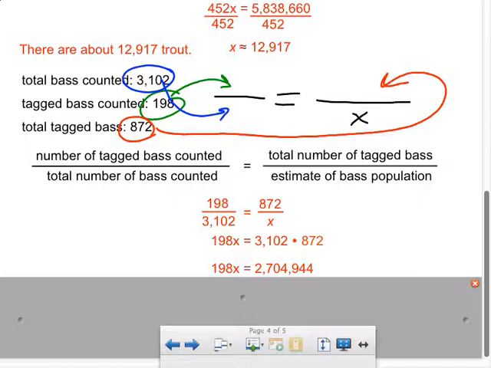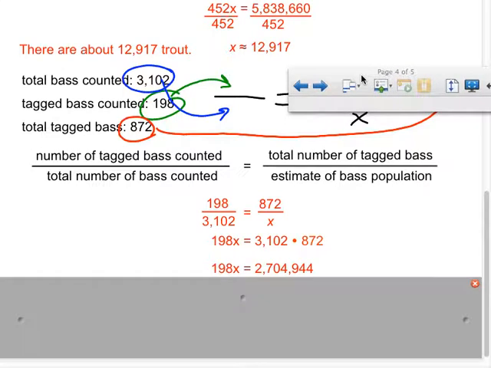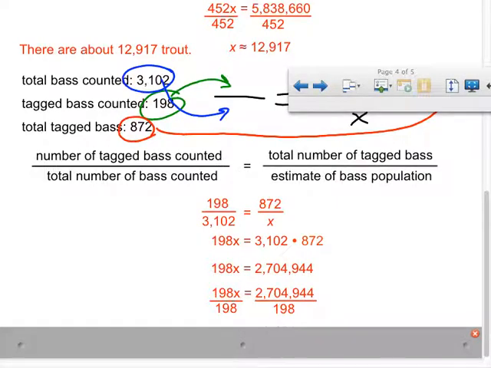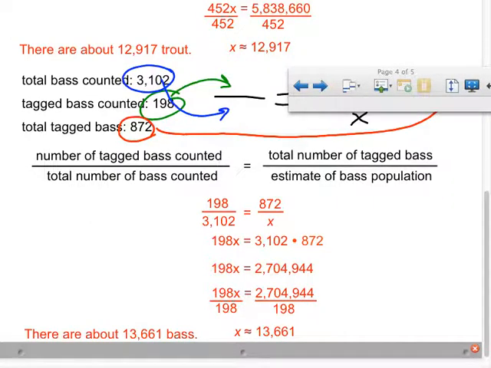That equals 198x. How do we solve for x here? Right, we're going to divide both sides by 198. And then what'd you get for your answer? What was the estimated population size? 13,000. Is that what you guys got? Yes. Okay.